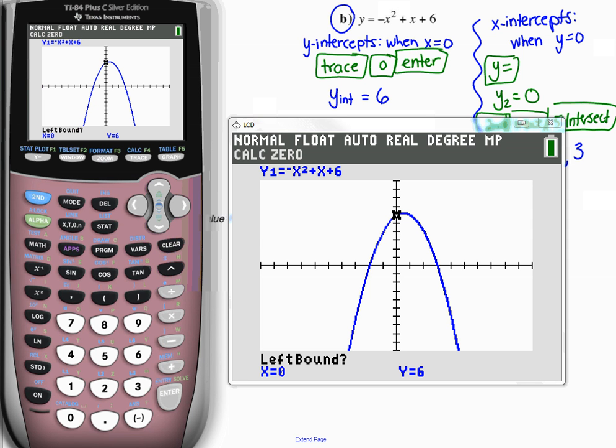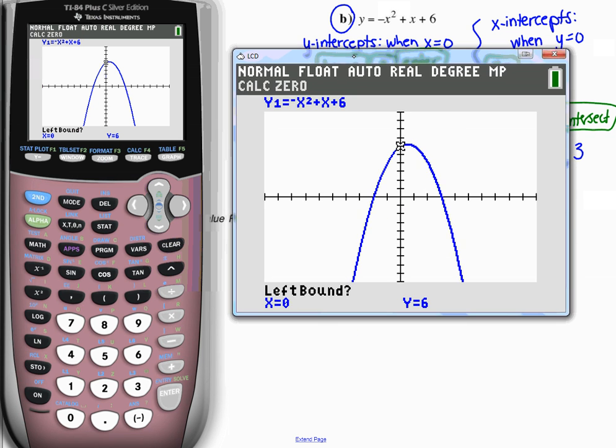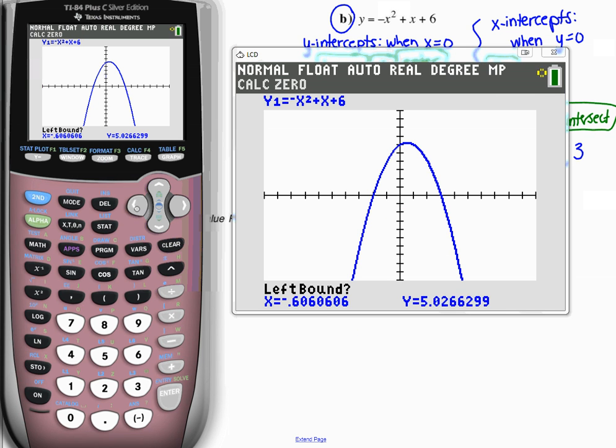Now the problem with this method is I think it's a little tougher because it says left bound. Do you see that? So what that means is if I'm looking for this x-intercept right here, I have to go to the left of it. So I have to take my cursor and go to the left side of it, and then push enter. And now you should have this little arrow that pops up.